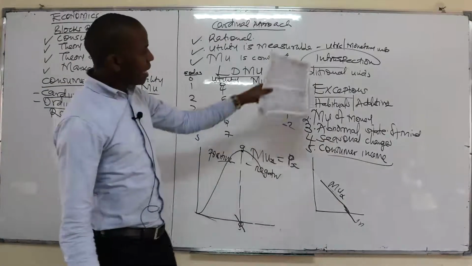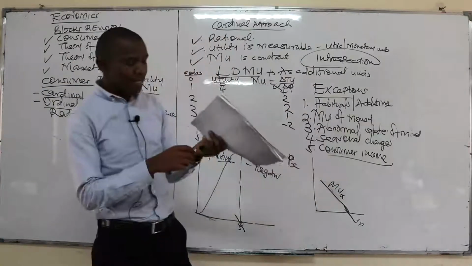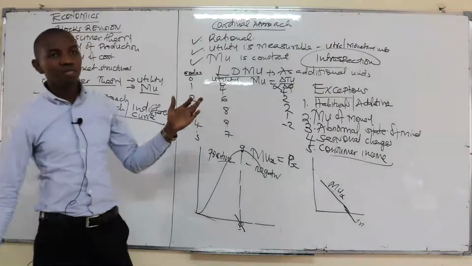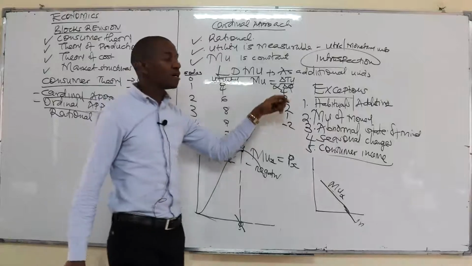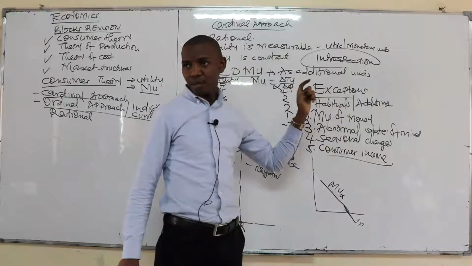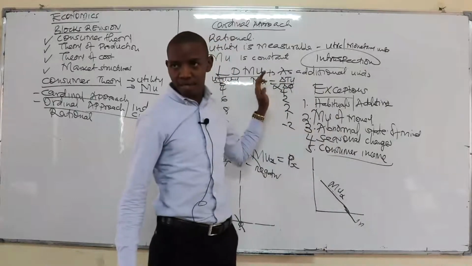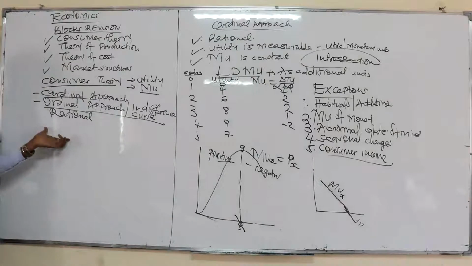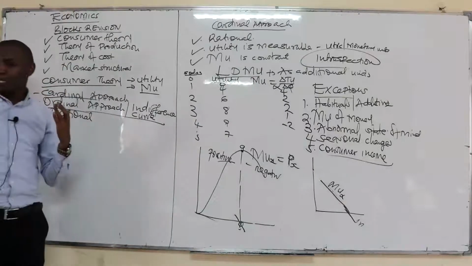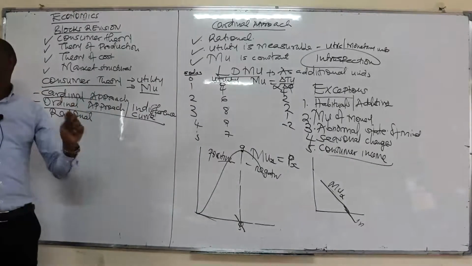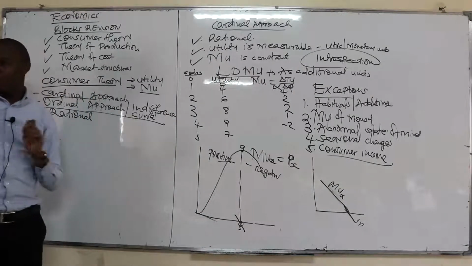Now, in this case, remember we say that the consumer is rational since he's aiming at maximizing his utility given his constraint by his income. Sawa sawa. When you talk about the consumer being rational in this case, he is aiming at maximizing utility given his constraint of income and also the market prices of the commodity.